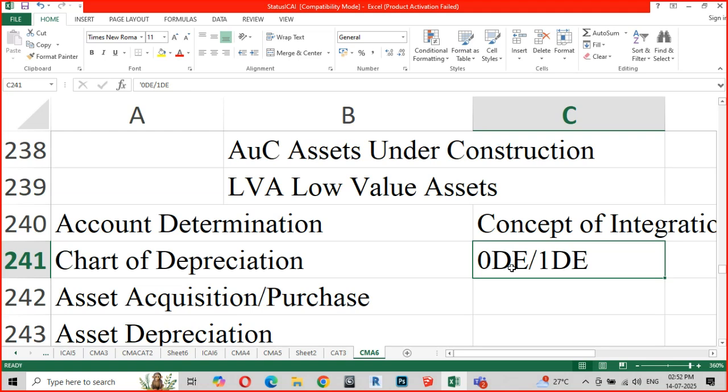DE in short represents Deutsch, which is German. So that is why this is called your standard chart of depreciation Germany. Okay, so you can create a copy of the standards and then start working on the standards.